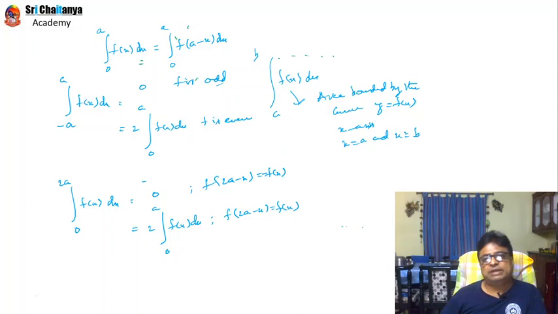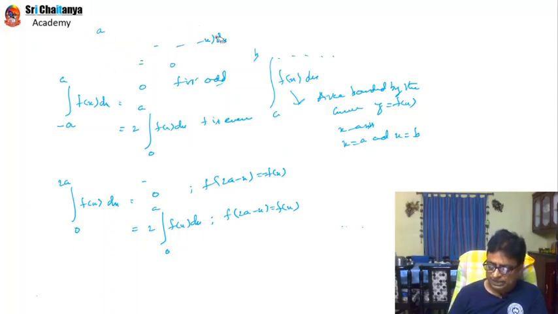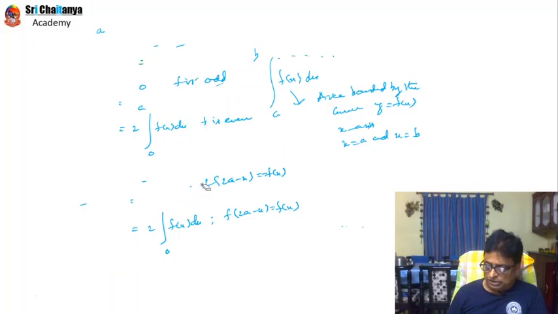This I clearly mentioned. So, these are the first 8 basic properties that we practiced in the first part of the definite integration. Now, today we are going to take the remaining properties.